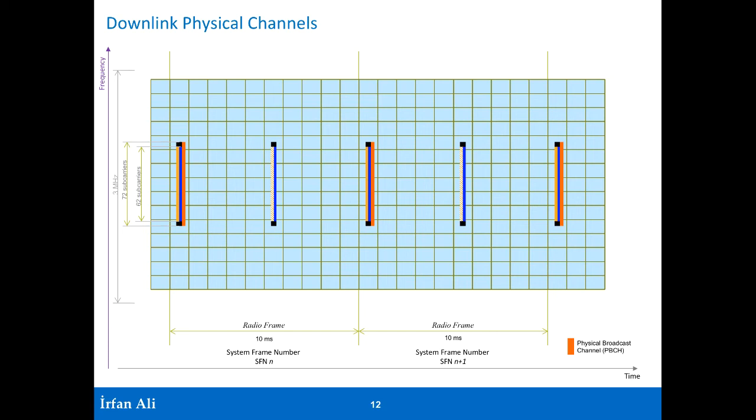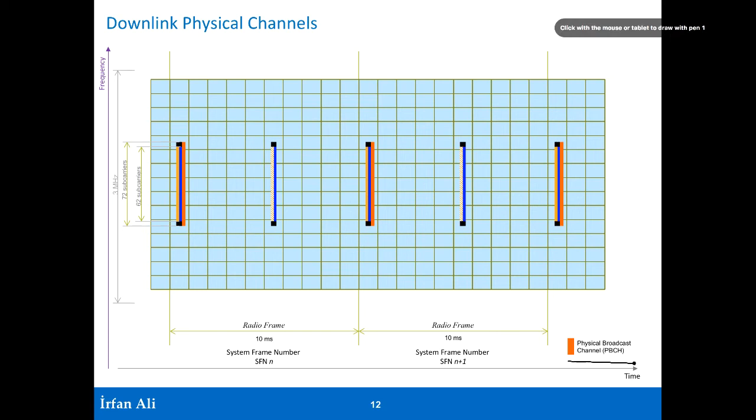But we first look at what the downlink physical channels look like, and these are essentially the key channels, or the key information that gets transmitted in the physical layer of LTE.